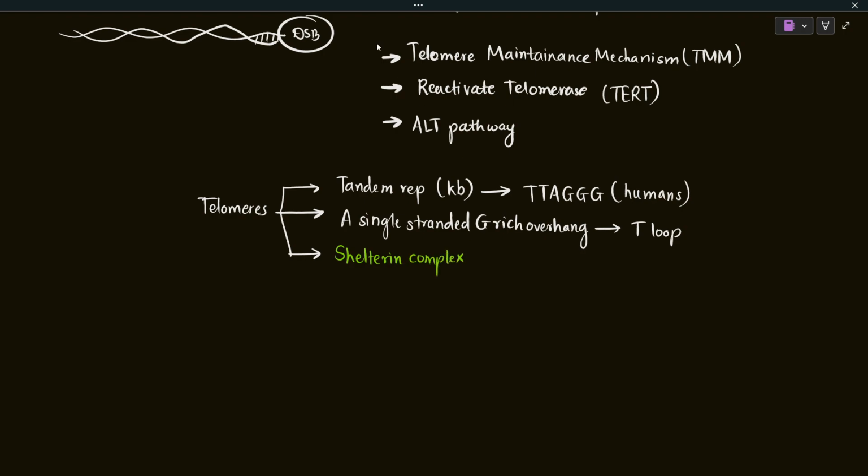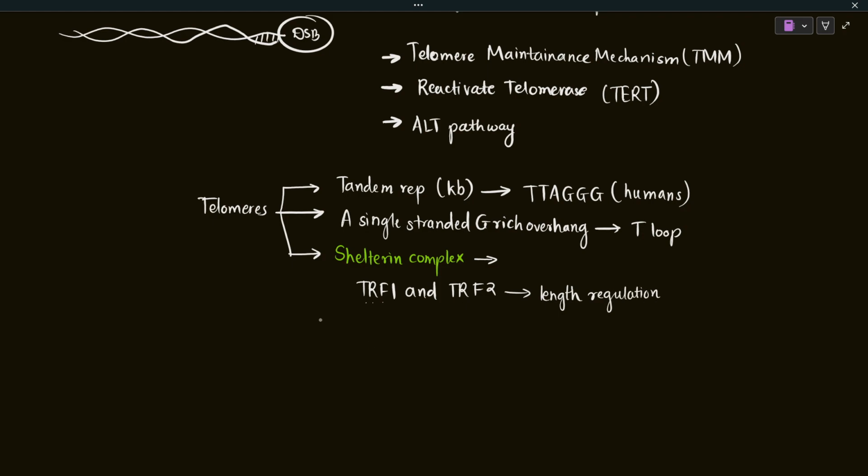Okay, so these proteins are quite important because they are the ones which are going to protect the telomeres, the ends of the chromosomes. They belong to different families, like TRF1 and TRF2. These are telomeric repeat binding factors, and they are involved in telomere length regulation.